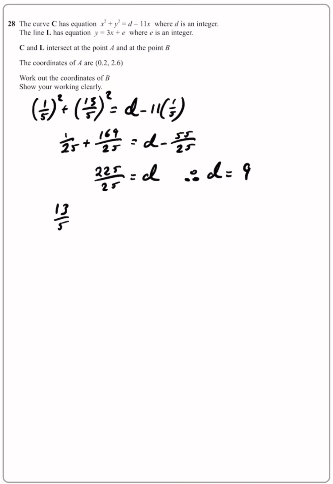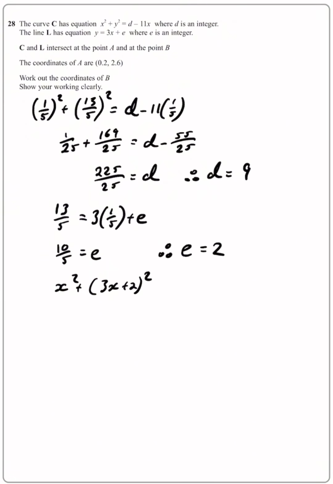Then we also know that it sits on the line L, so substituting the same coordinates into the equation for the line L, 13/5 equals 3 lots of 1/5 plus e. Subtract 3/5 from both sides, and we get that e is 10/5, or if you prefer, 2. So the equation of the line is y equals 3x plus 2.